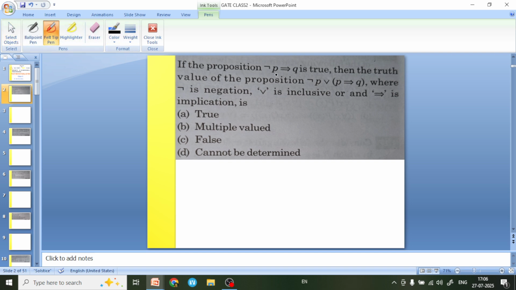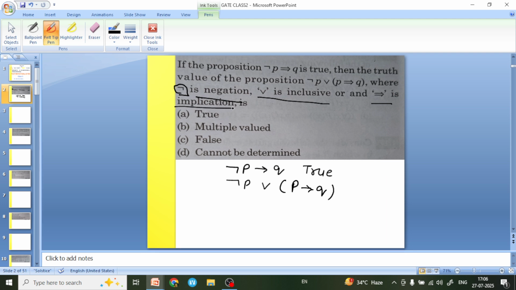If the proposition not P implies Q is true, then the truth value of the proposition not P or Q, not P or P implies Q, where this symbol represents negation, this is inclusive or, and this symbol is implication.